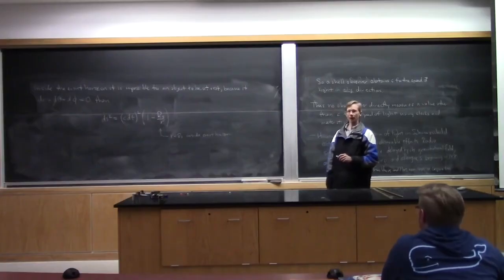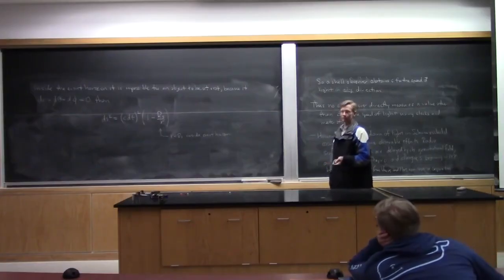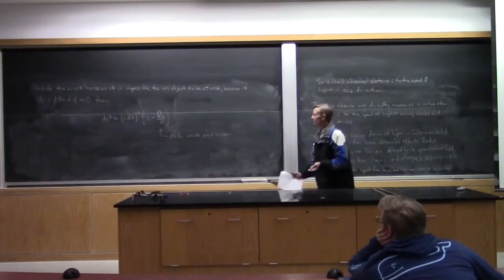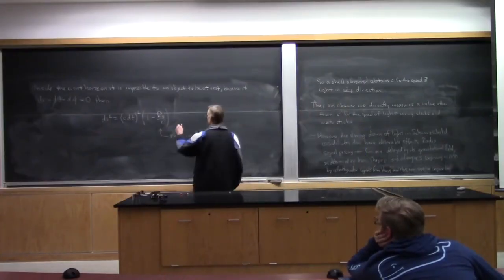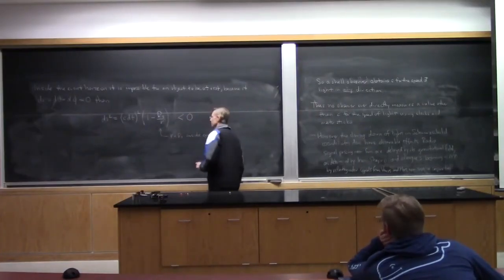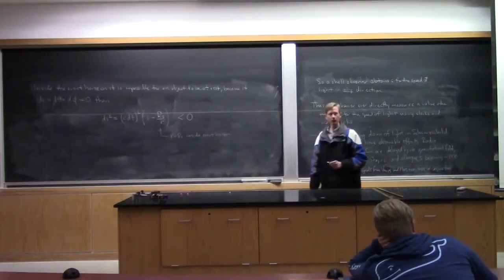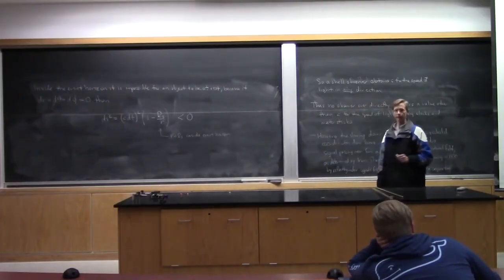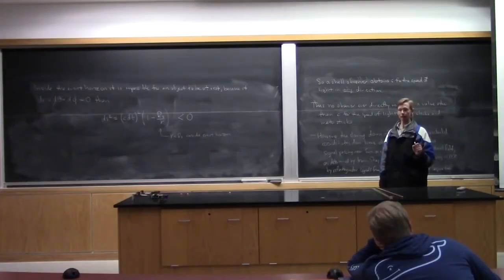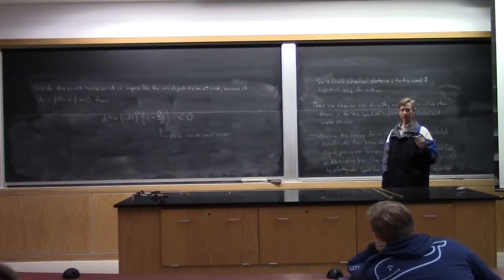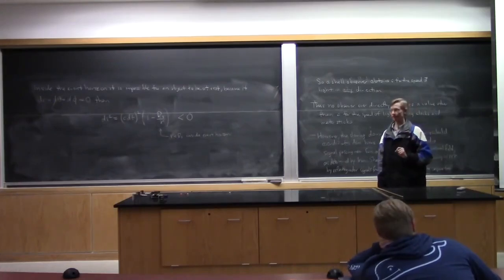So 1 minus r_s over r becomes negative because r_s over r is bigger than 1. So in other words, ds squared would be less than 0 for nearby events along the particle's world line if it was just hovering there. In other words, if only the t-coordinate was changing.